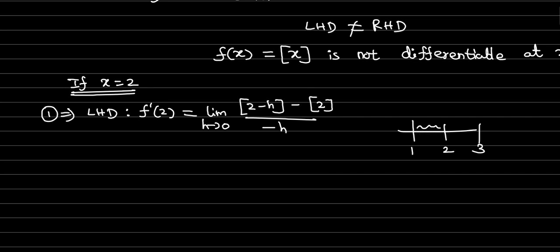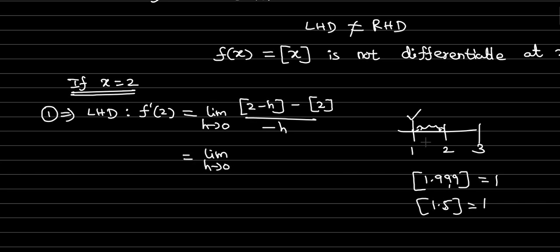For any value which lies between 1 and 2, if you take the greater integer of that value, it always gives you 1. 1.999 also gives you 1, and 1.5 also gives you 1. So 2 minus h gives you 1.